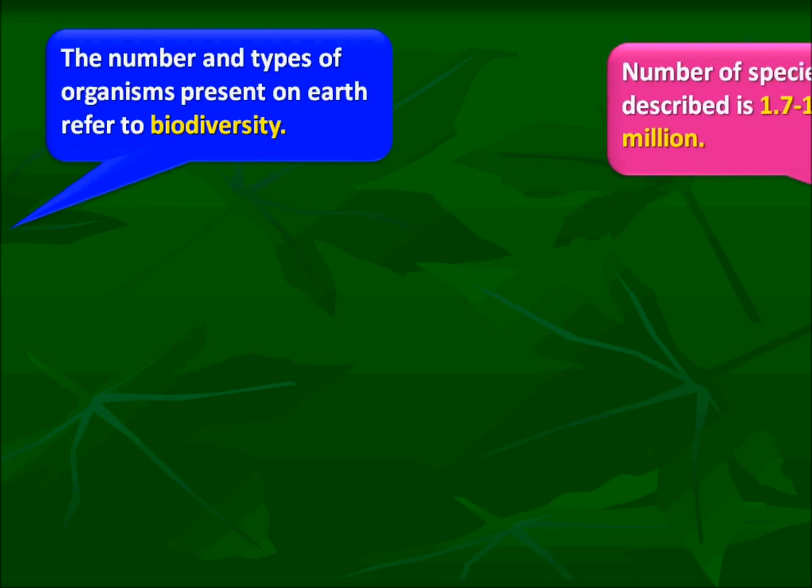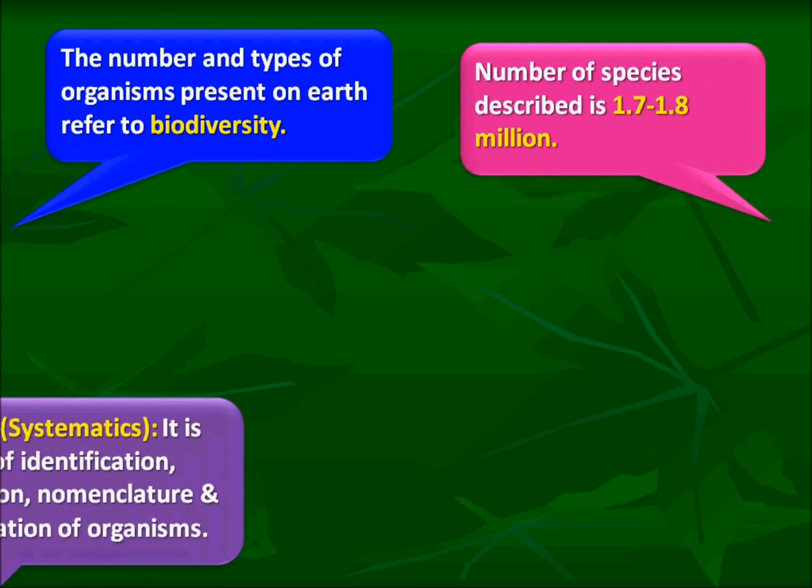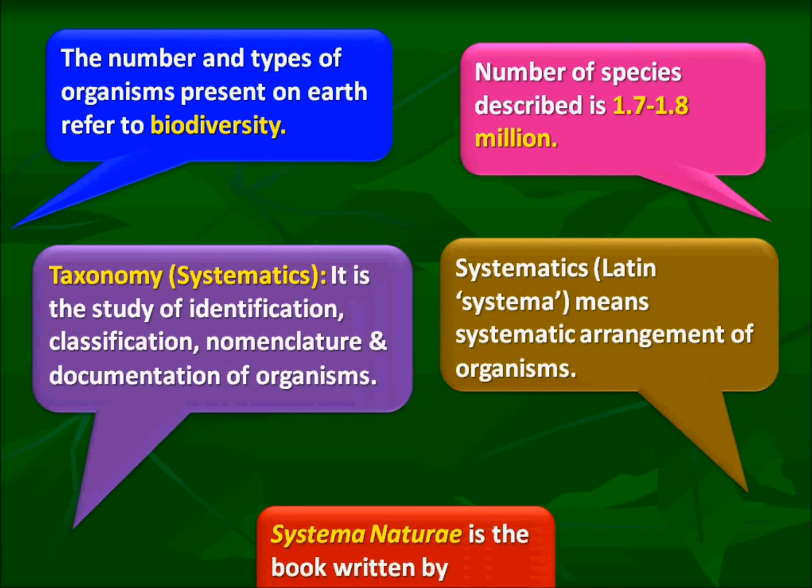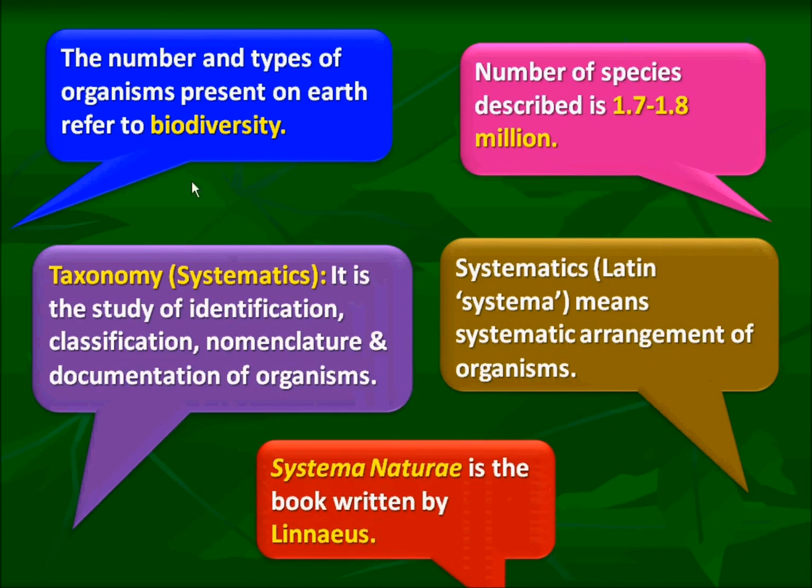So we see that there are a number and types of organisms present on Earth. So these are known as the biodiversity, and the number of species is around 1.7 to 1.8 million. So there are such a large number of species on our earth.